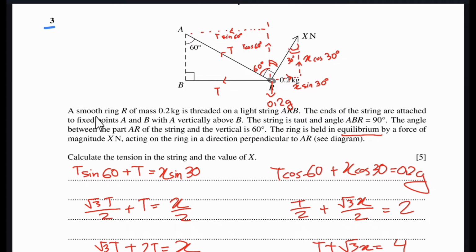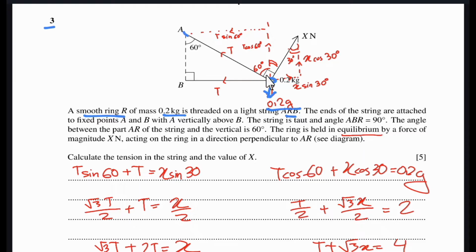3. A smooth ring R of mass 0.2 kg. For this ring, we must write its weight, that is 0.2g, acting vertically downwards. It is threaded on a light string ARB.